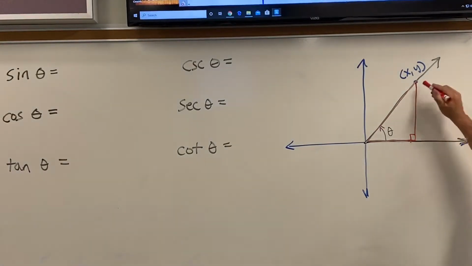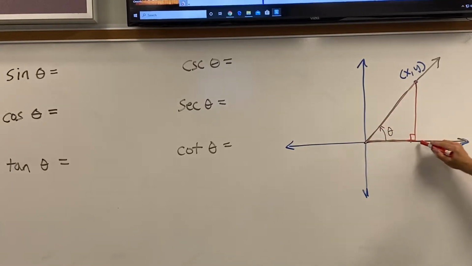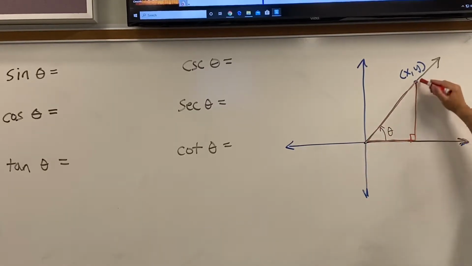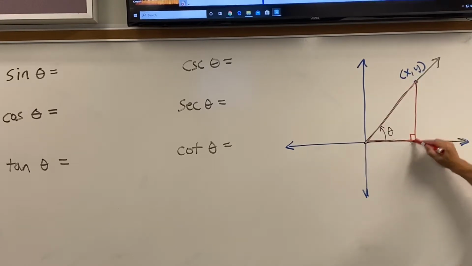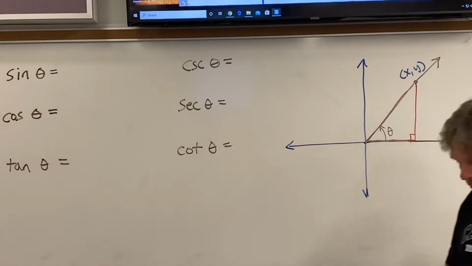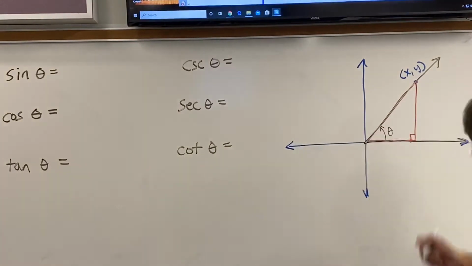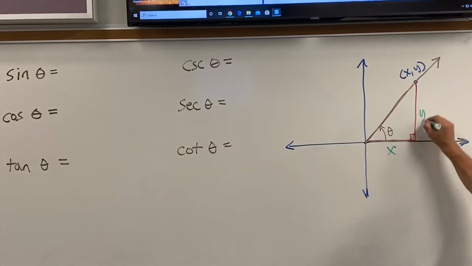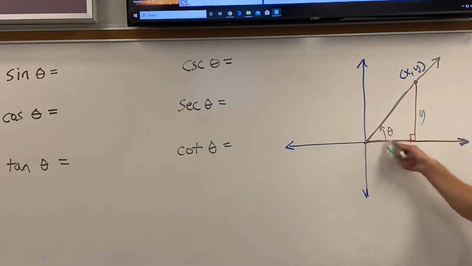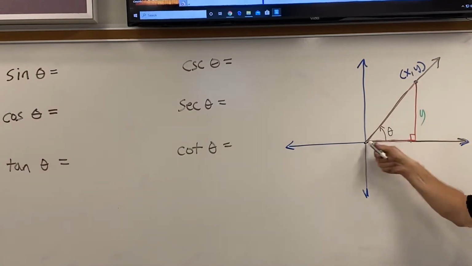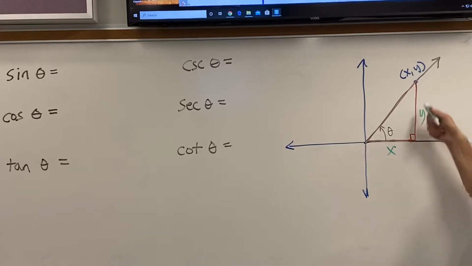Now, if you use this point xy, then look, this is the x distance, this is the y distance. This is the point xy. You go on x this way, y this way. So it turns out that this is x and this is y all the time. If you're using the point here, this side or this leg of the right triangle is x, this is y.